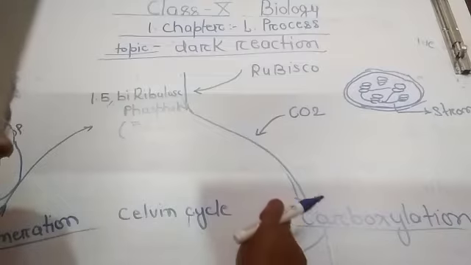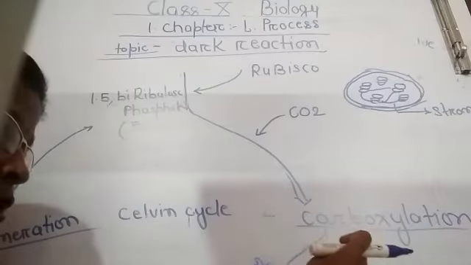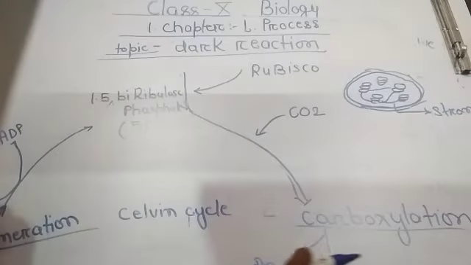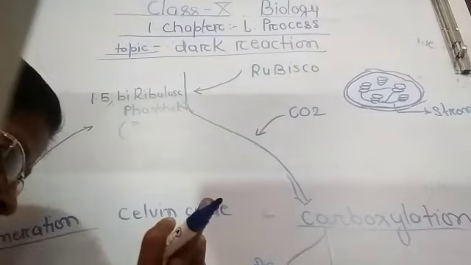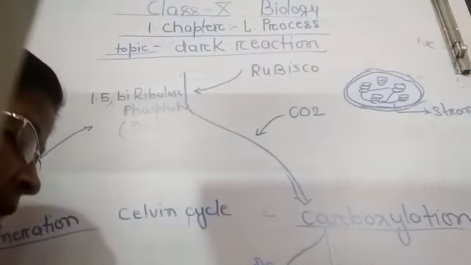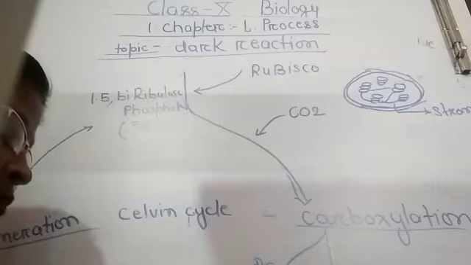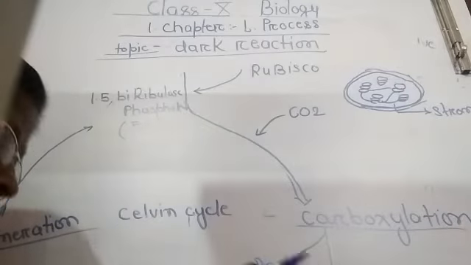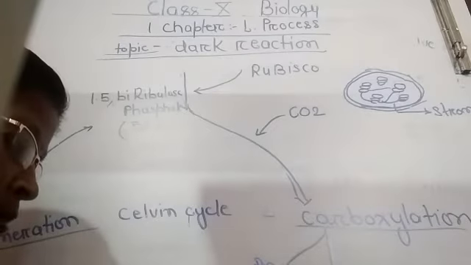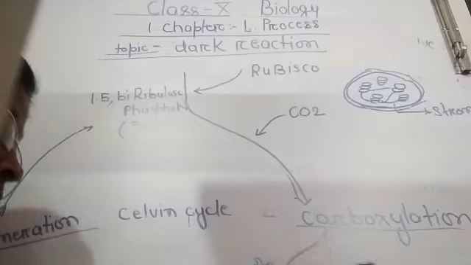After the carboxylation, a 6 carbon compound is formed, and this 6 carbon compound breaks down into a 3 carbon compound known as PGA, phosphoglyceric acid. 2 molecules of phosphoglyceric acid are formed, and it is the first stable carbon compound of the dark reaction.